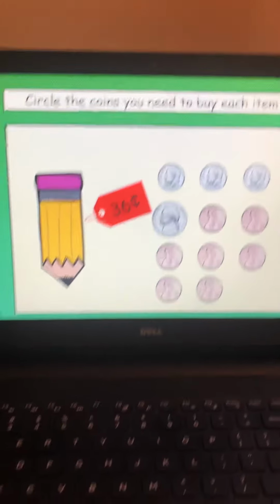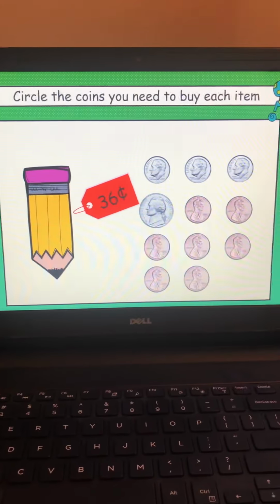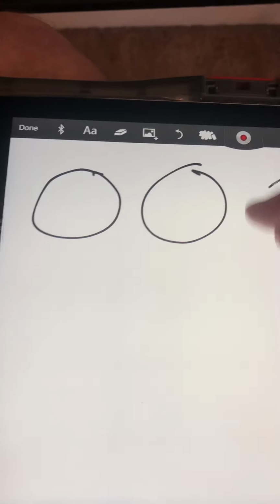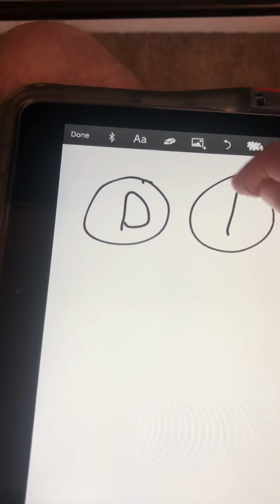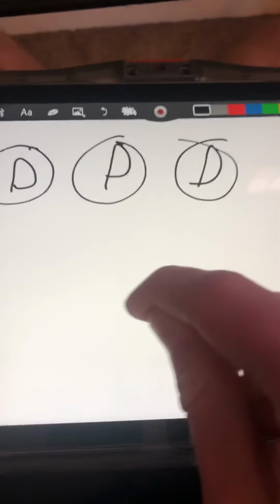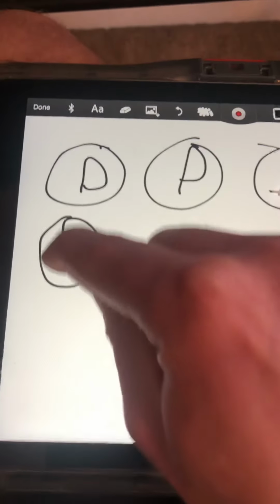This pencil is 36 cents. We have all kinds of coins here. We have 3 dimes up top. A nickel, remember, because it's bigger.